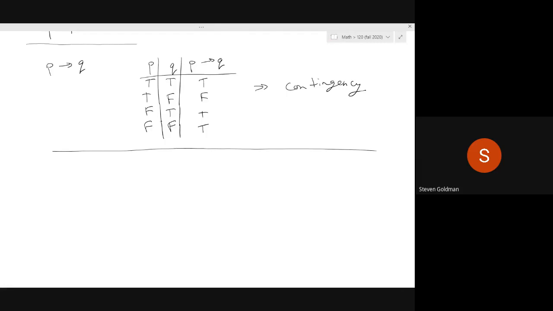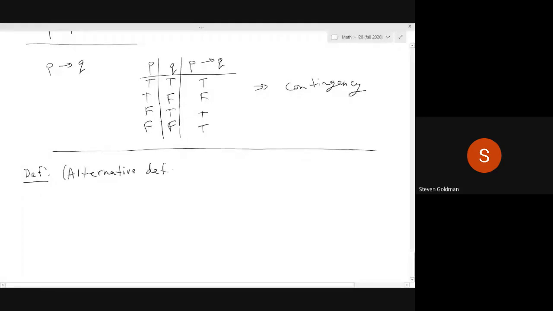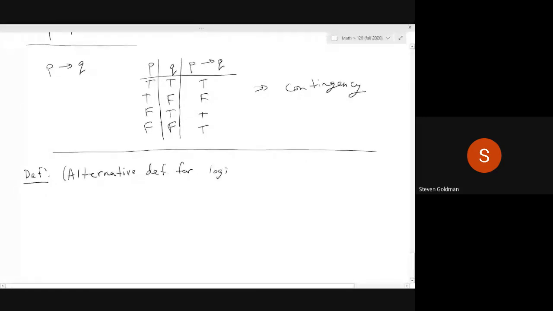All right. I'm now going to give you an alternative definition for logical equivalence. Remember, we said previously that compound propositions that have the same truth values in all possible cases are called logically equivalent. So this is an alternative definition for logical equivalence.